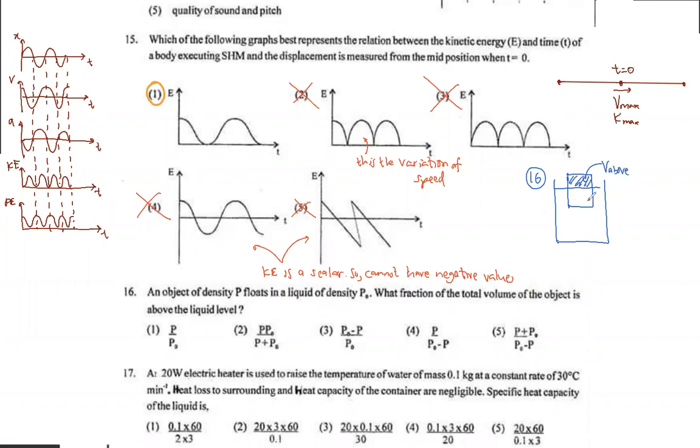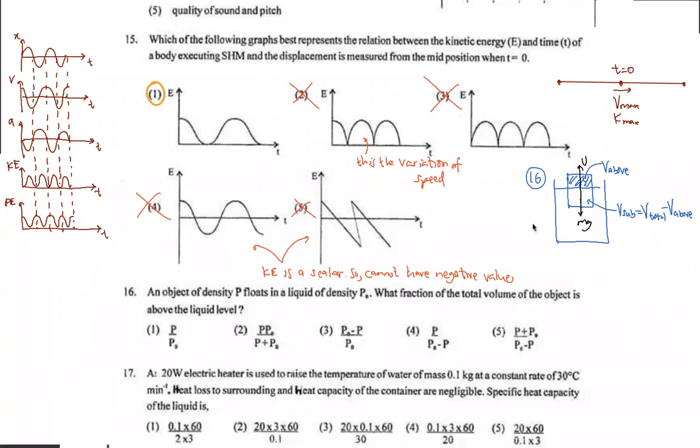What is the submerged volume then? Submerged volume will be equal to total volume minus volume above. And we know mg should be equal to upthrust according to the principle of flotation.